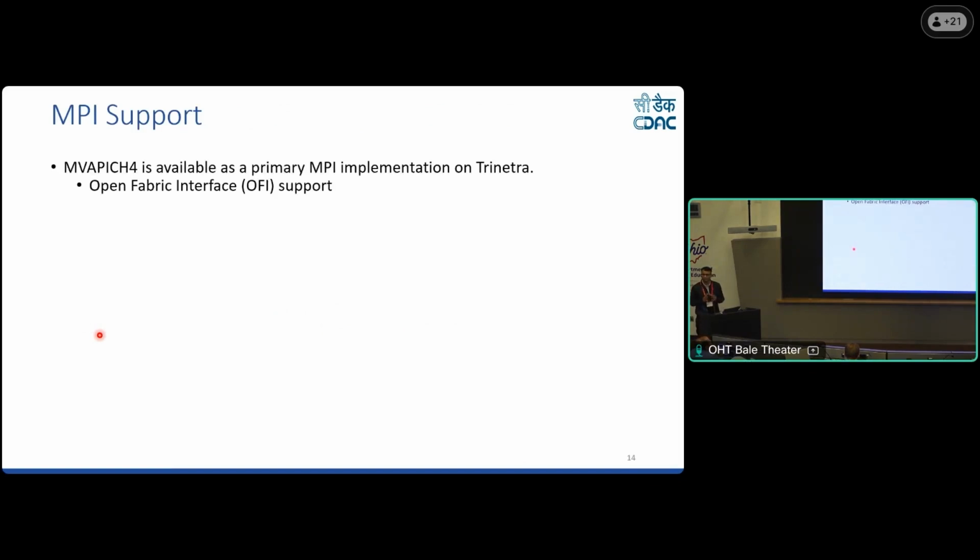MVAPICH4 is the primary MPI implementation which we are using to run scientific applications. It uses the OFI interface. We are also trying to adapt MVAPICH Plus to run AI frameworks. Since we have a long association with the MVAPICH team, we have received very good support from them to run all these MPI implementations.